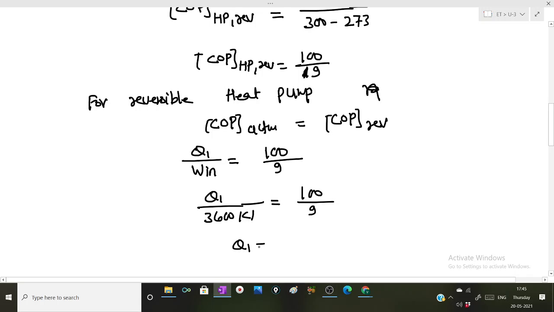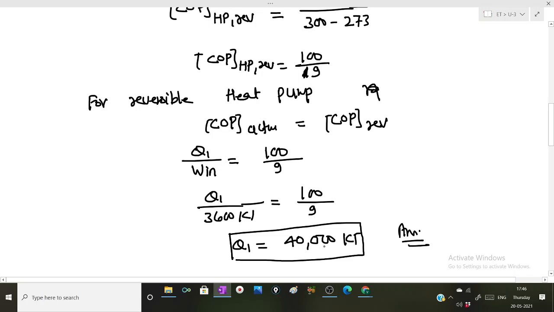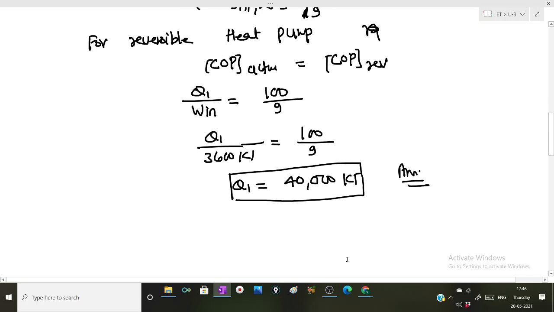So from here the value of Q1 will come out to be 40,000 kilojoule. This is the heat supplied by the heat pump to the heated building. So this way you can solve this numerical.